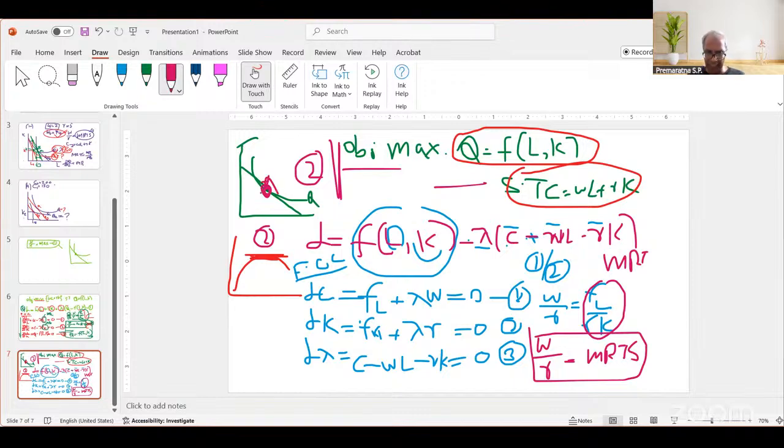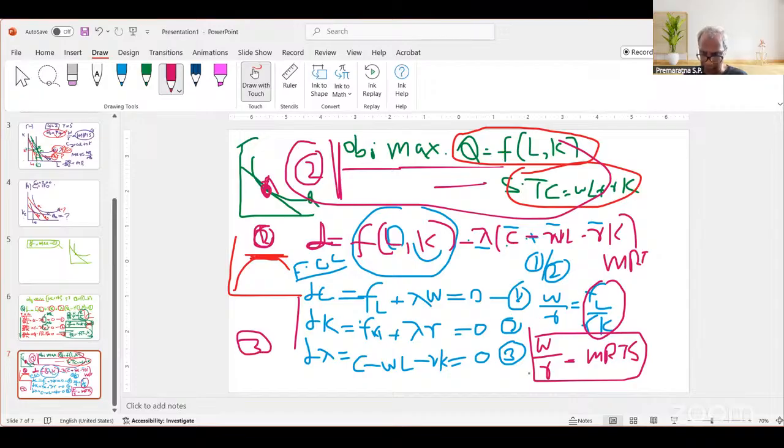Now here is the Lagrangian method I taught you for maximization. If you write this problem, you get 2 marks. Write the Lagrangian equation, you get 1 mark. Write the first order condition, you get 3 marks. And for the rest of the marks, you solve and get the answers, finding how many units of labor and capital. Okay.